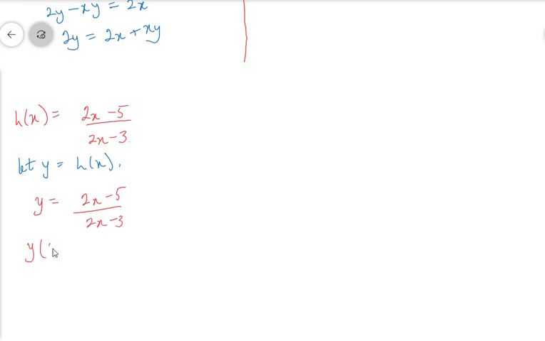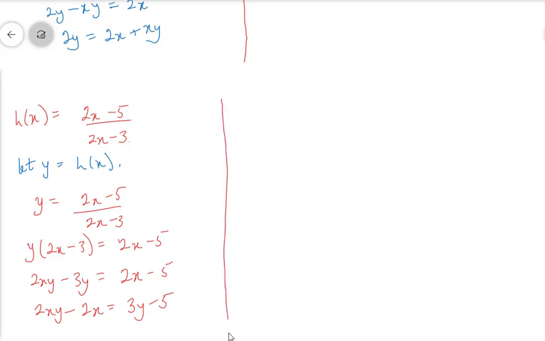This becomes y times 2x minus 3 is equal to 2x minus 5. Now I can expand. This is 2xy minus 3y is equal to 2x minus 5. Now grouping like terms, I get 2xy minus 2x is equal to 3y minus 5, if I'm not mistaken. Yes, I think everything is correct.